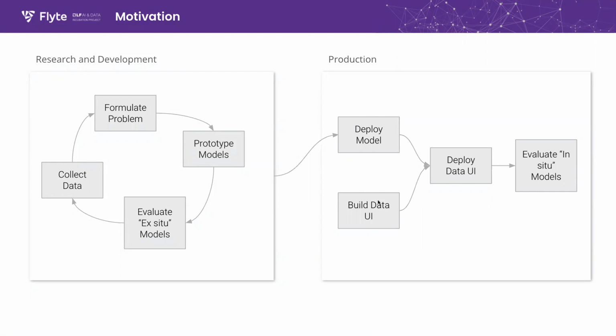You deploy it, and then your end users, be they internal or external to your organization, use that UI, and if you put the right instrumentation in, you can use that interaction to evaluate models. And then, of course, there's the endless iteration cycle between R&D and production.